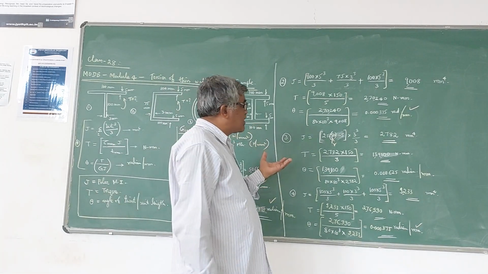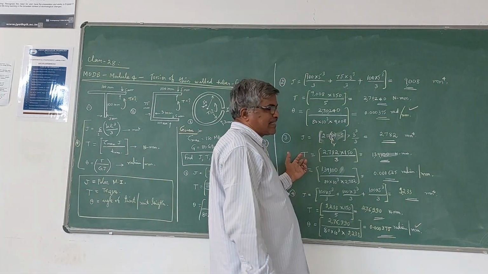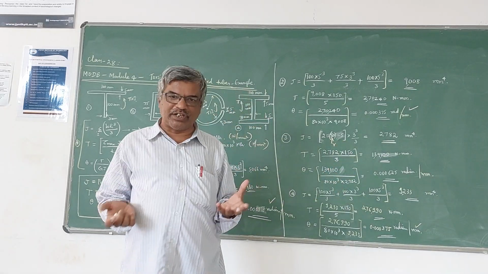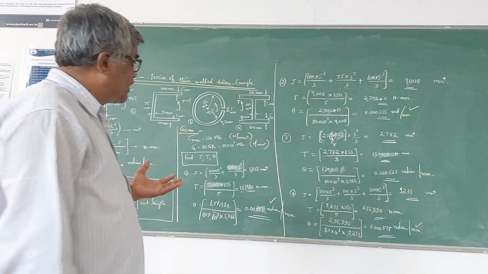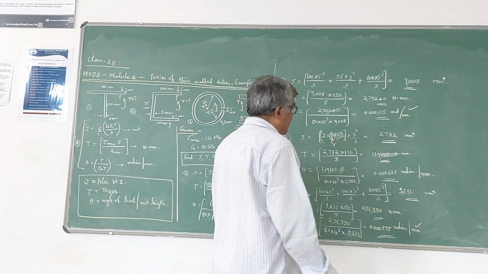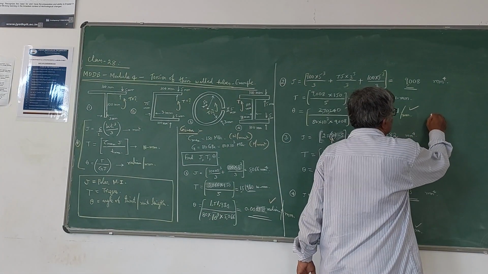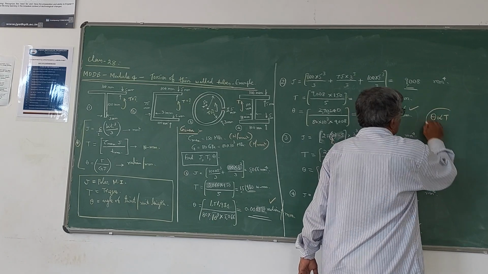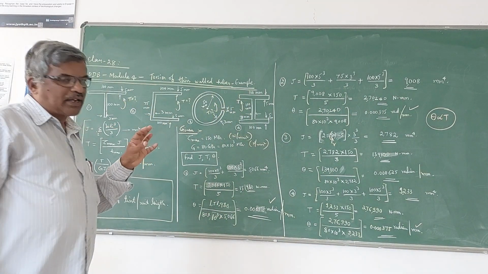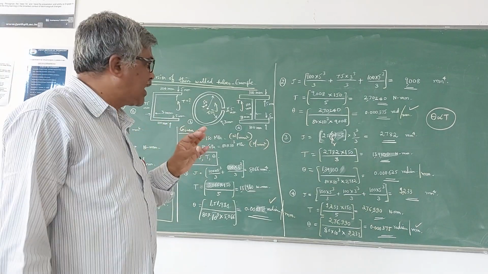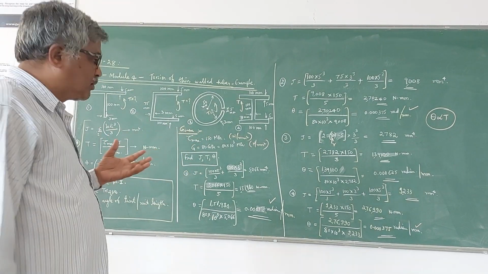In other words, if your T value, the torsion carrying capacity or torque value, is less, then your theta will also be less. So theta is directly proportional to T. When T is less, theta also will be less. So T gives an idea of the torsion carrying capacity of a particular tubular section.